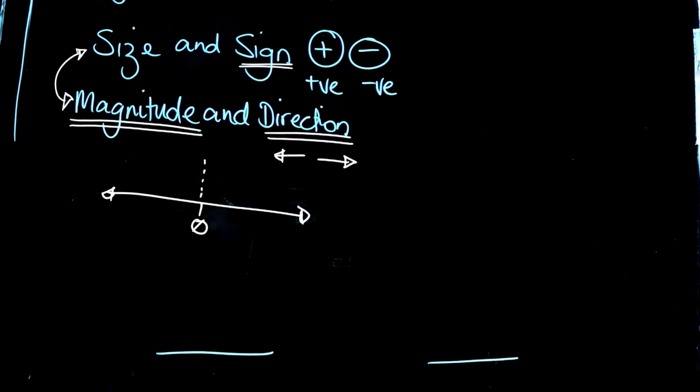So 0 has no sign. It's neither positive or negative. It's the only number. Think about all the numbers that exist, and that's the only one that doesn't have a sign. And these are our positive numbers over here, and these are our negative numbers here. Okay, and often think the arrows on the end here are telling us something, that the number line continues in these directions here.